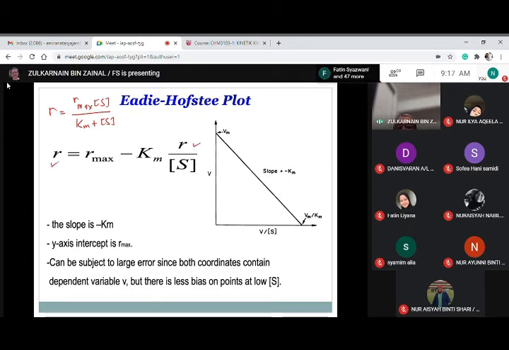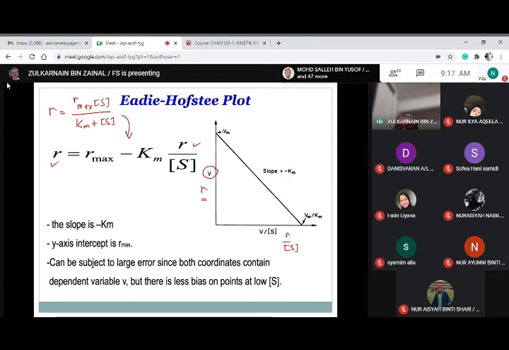So the plot is between V versus V over S. So what you do is just plot V, which is the rate, versus V over the substrate, and then you get the values there.